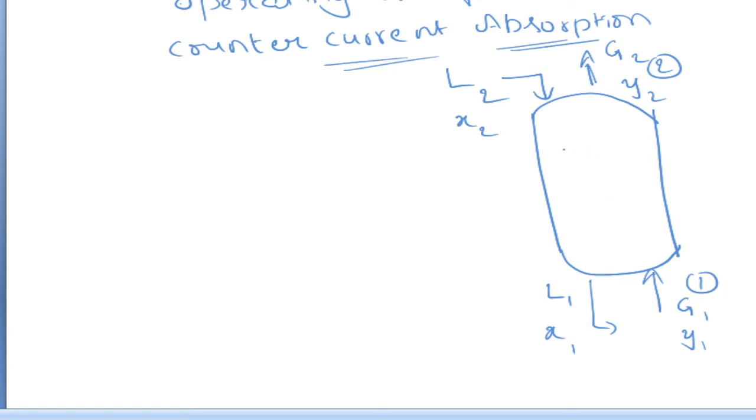And if I want to denote this composition in terms of mole ratios, that can be capital X2, and the mole ratio in gas phase as Y2. Similarly here also capital X1, Y1. So, you can denote the composition in any means.